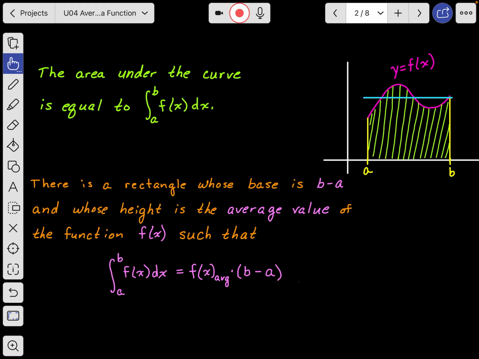So we can say that this total area, the sum of the areas of these rectangles, is equal to the average height times the base, right?